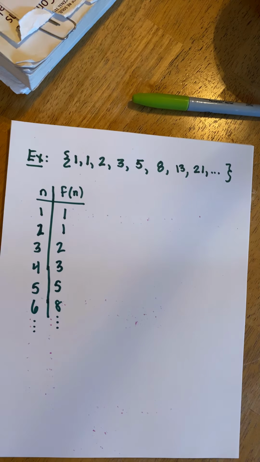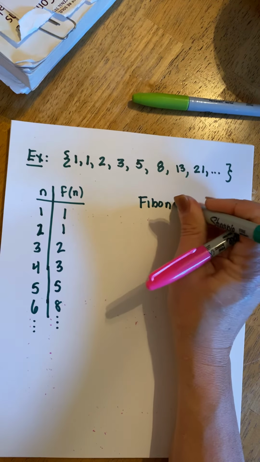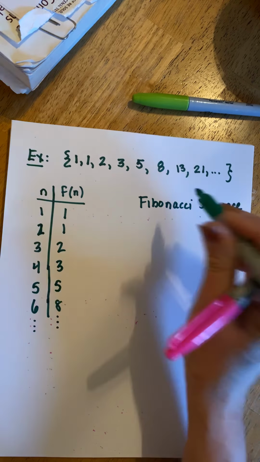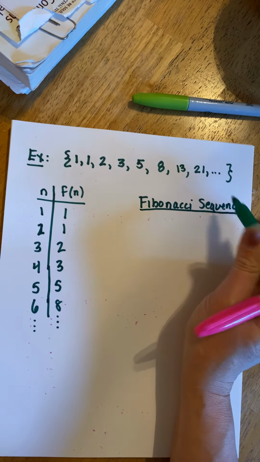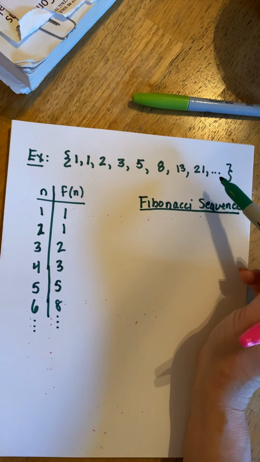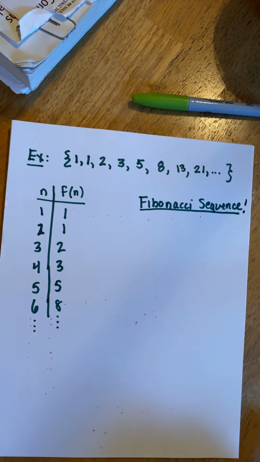I'm assuming that at some point in your career you did. And each of the terms in this sequence is called a Fibonacci number. So 1, 2, 3, 5, 8, 13, 21, and so forth. The next one would be 34. These are called Fibonacci numbers.